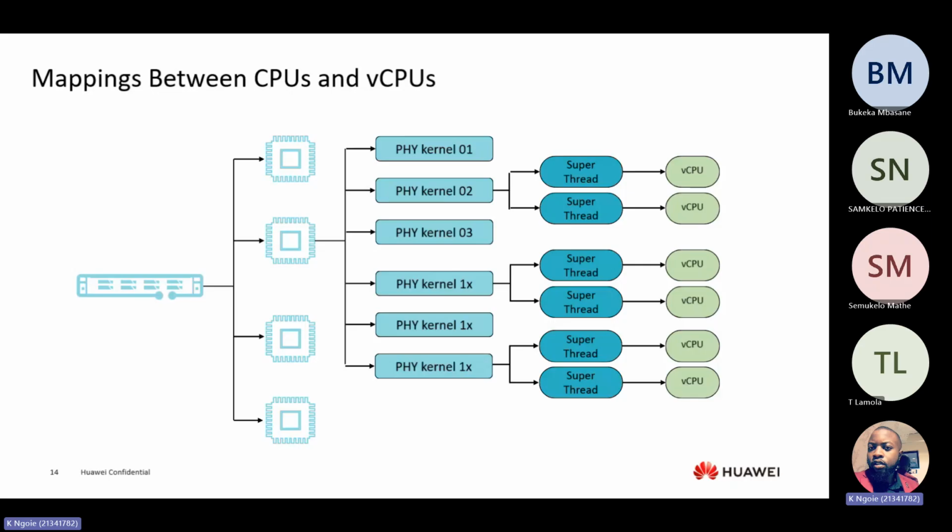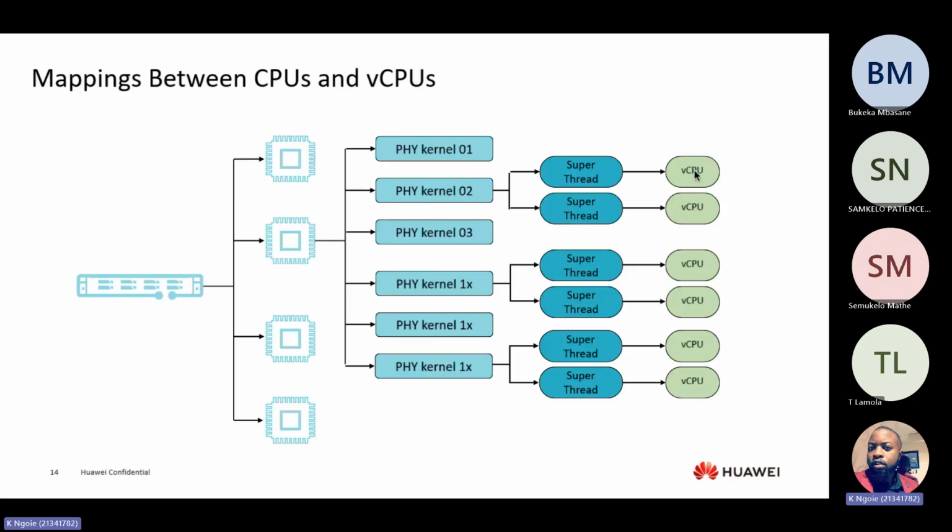So each virtual CPU is assigned to one of the 32 processors. The hypervisor CPU scheduler will decide which physical core will run each vCPU, so this map is created by the hypervisor. Multiple virtual CPUs can share the same physical core. That's possible, but not at the same time. They basically take turns like a queue.